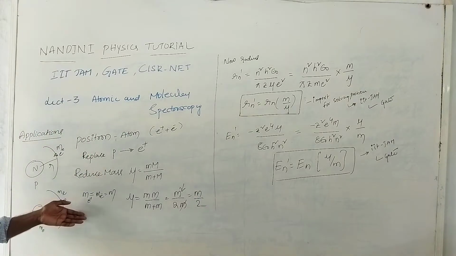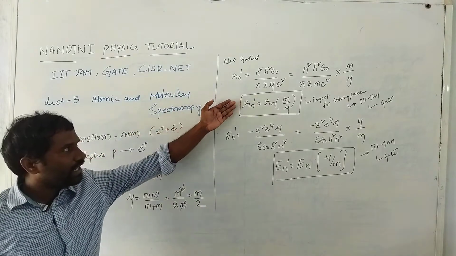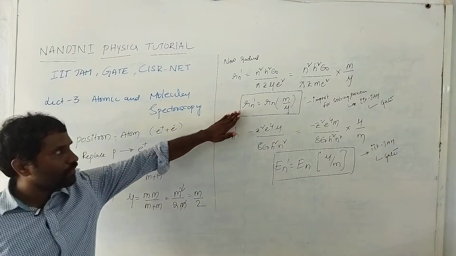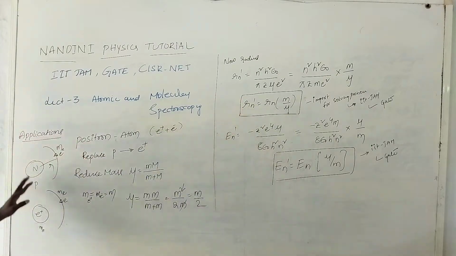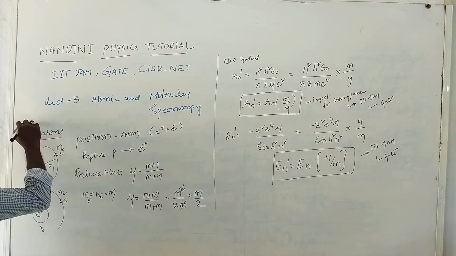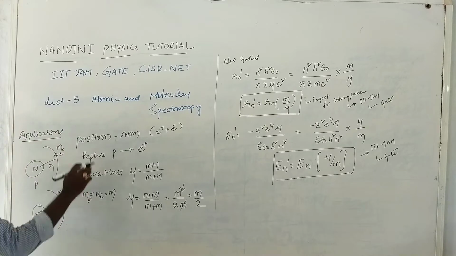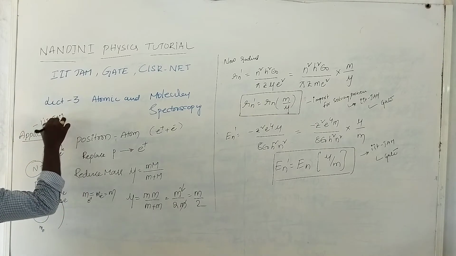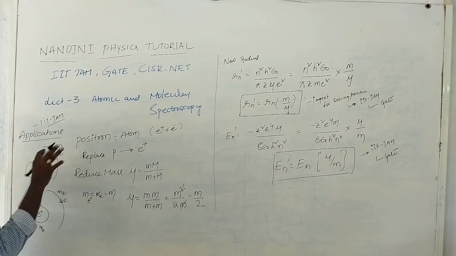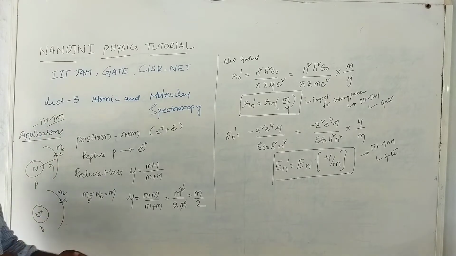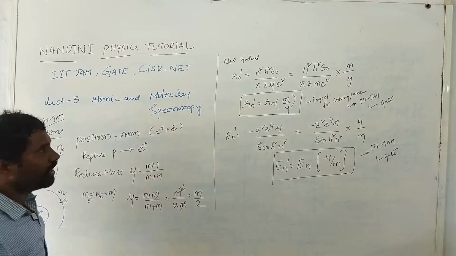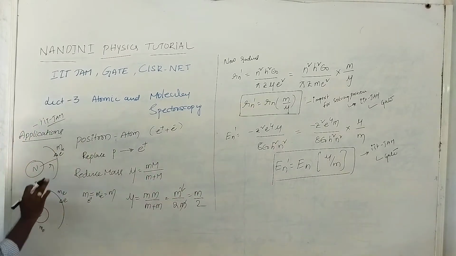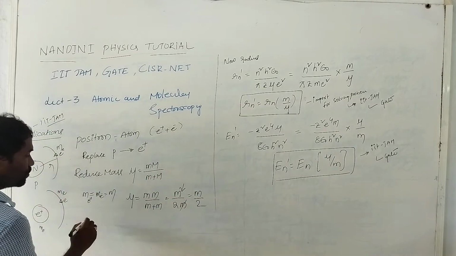Now I want to write the energy and radius. Once again I use these two equations. This is also an application, and many times it is asked in IIT JAM questions: the positron radius and positron energy. I want to find out right now the positron radius and positron energy. What is the radius?